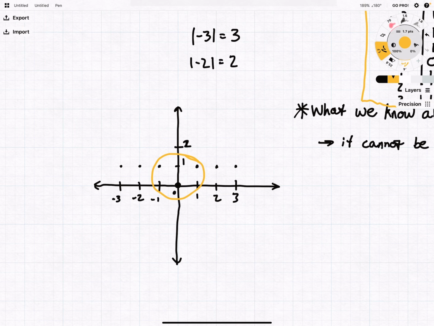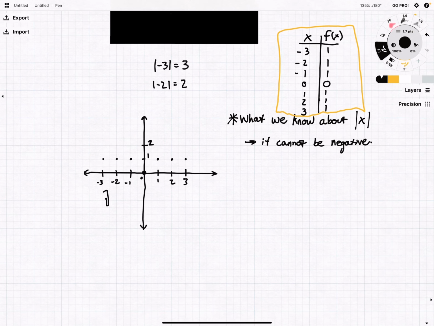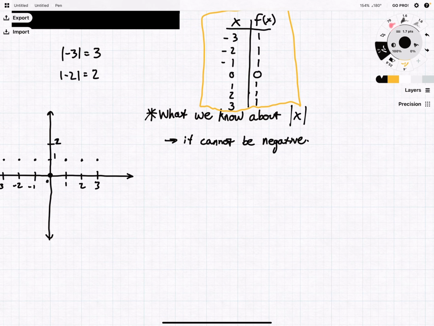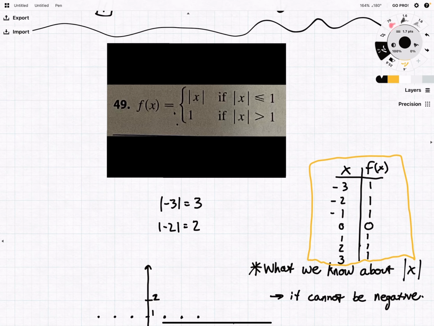So what goes on there? Let's try it really quickly with 0.5 and -0.5. If we input the absolute value of -0.5, that gives us 0.5, and that is less than 1.